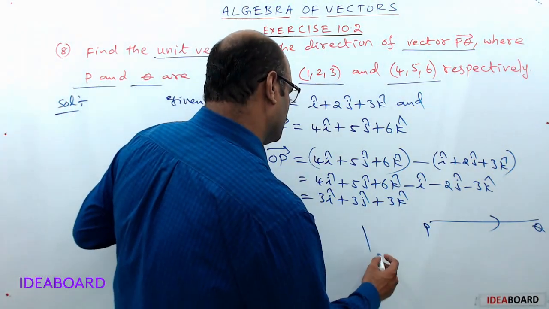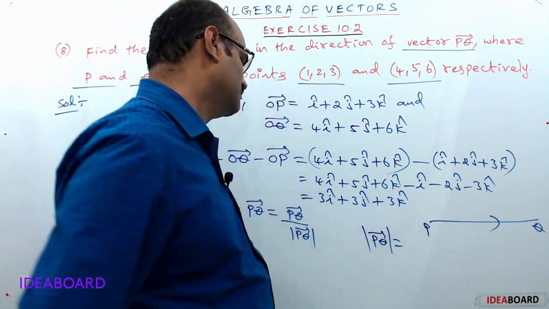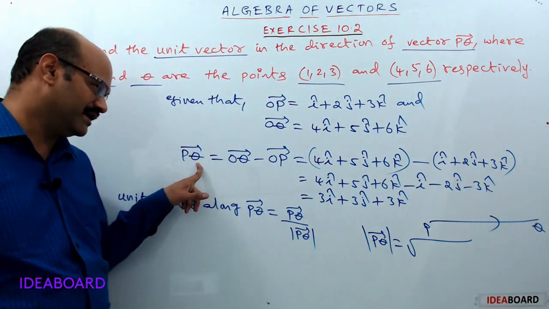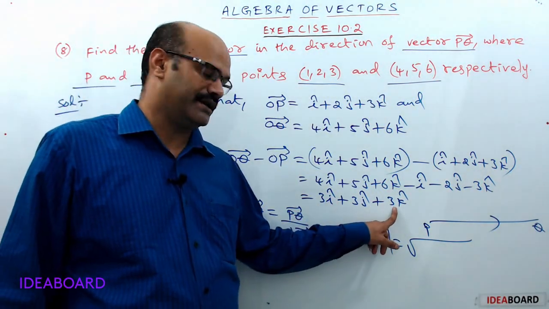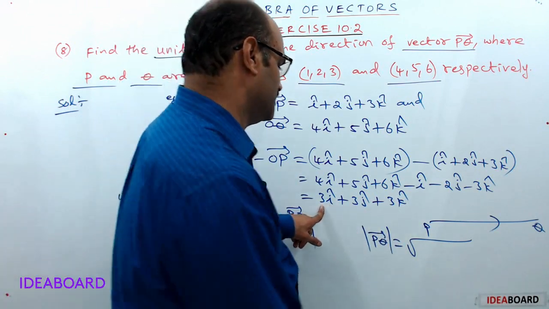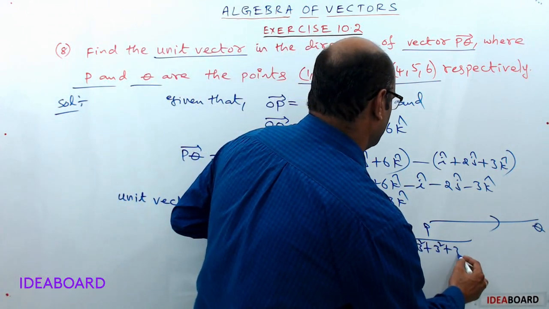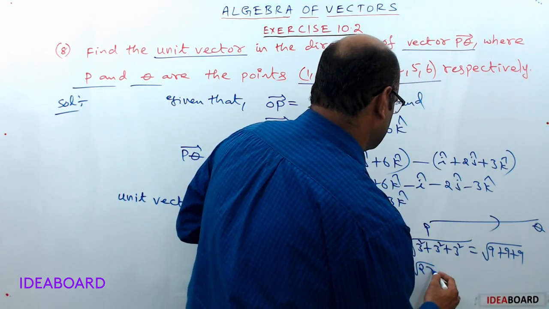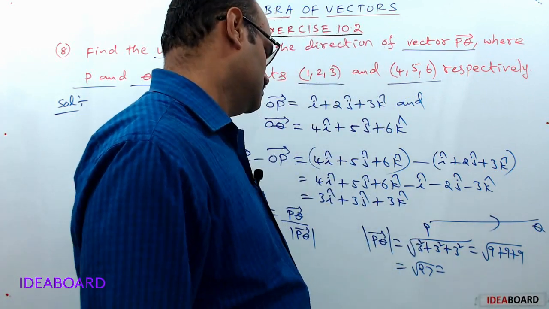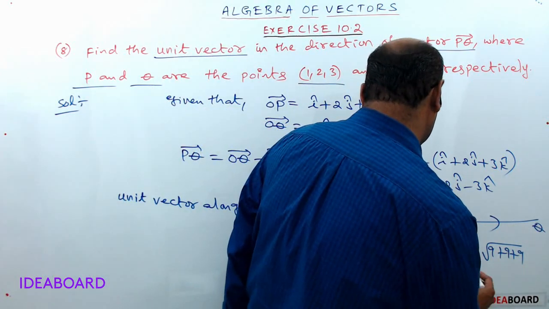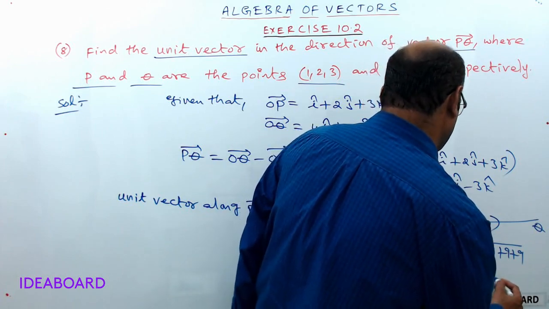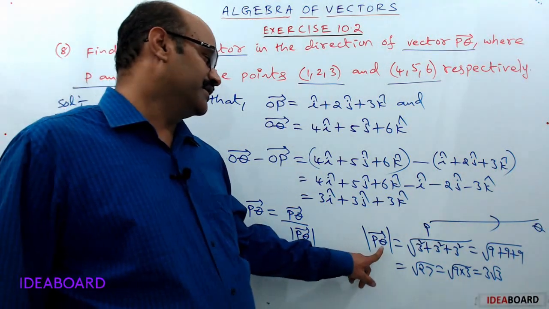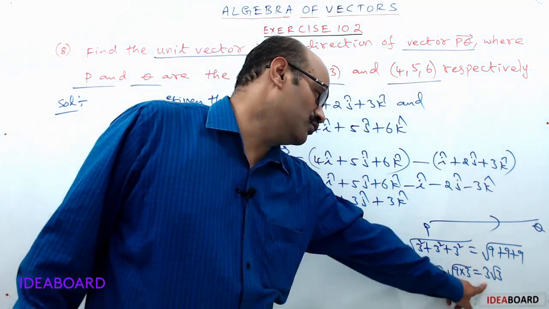So we take the square root of the squares of the scalar components of PQ vector, which are 3, 3 and 3. So square root of 3 square plus 3 square plus 3 square, 9 plus 9 plus 9, so 27, equal to 9 into 3, so 3 into root 3. So magnitude of PQ vector equal to 3 into root 3.